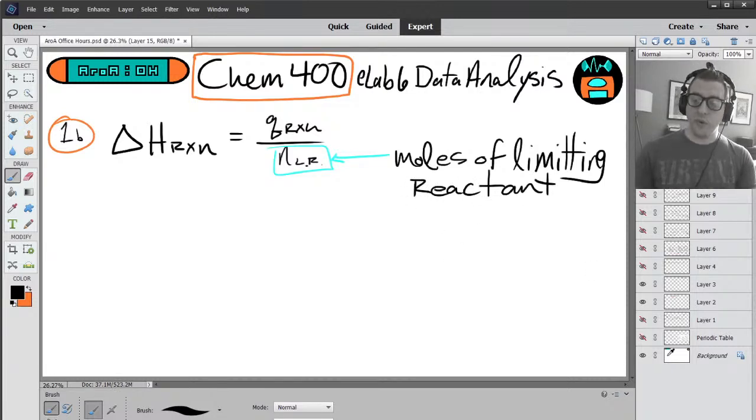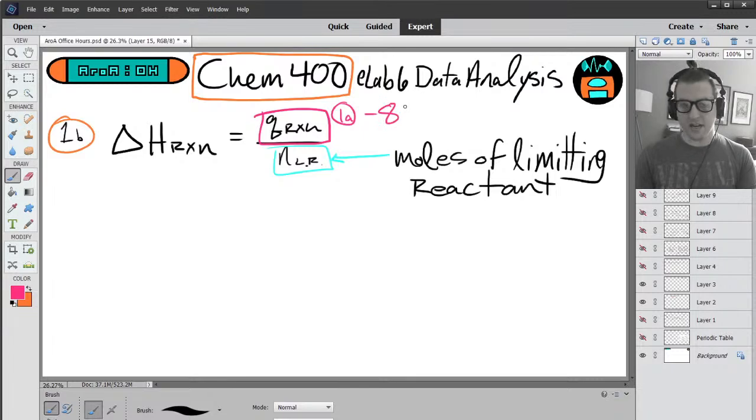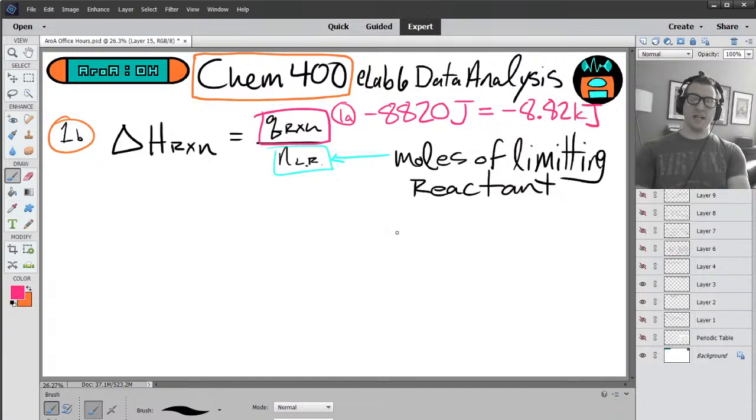All right, so we calculated our Q of reaction in 1A, right? This was negative 8,820 joules. They wanted it in kilojoules, which is negative 8.82 kilojoules, so that's our numerator.